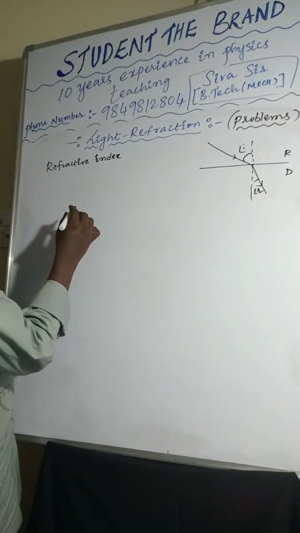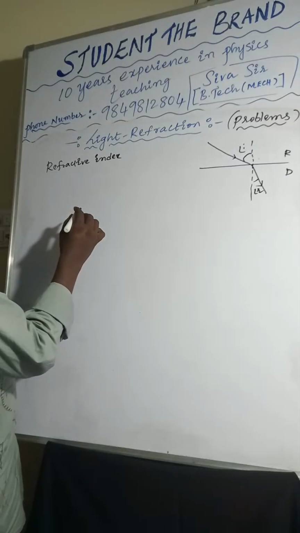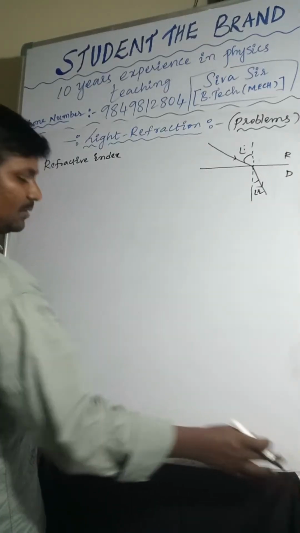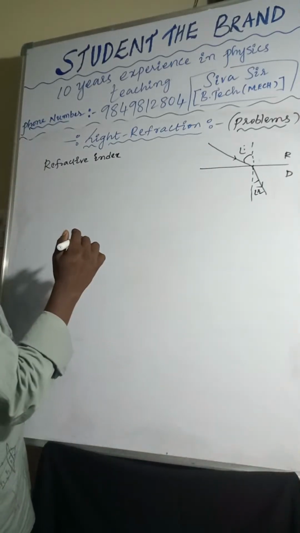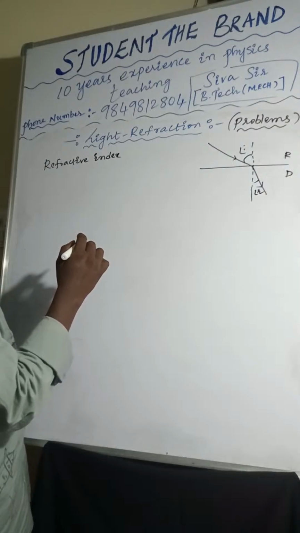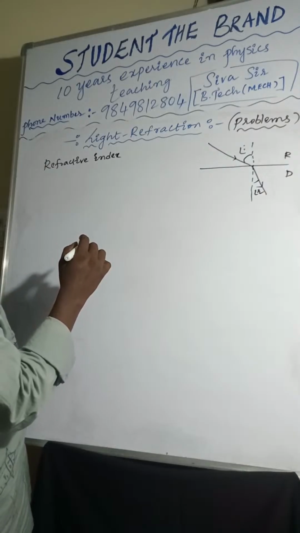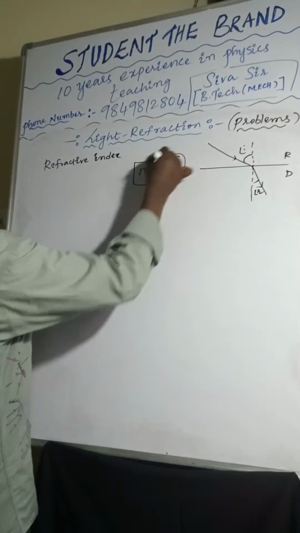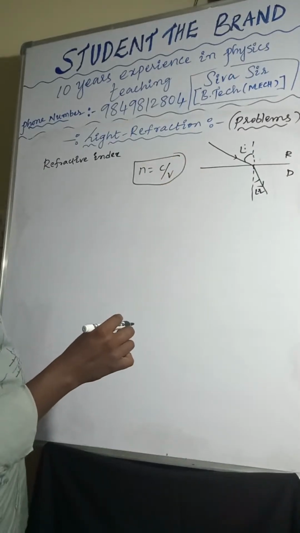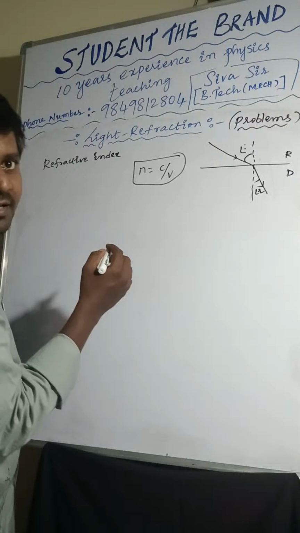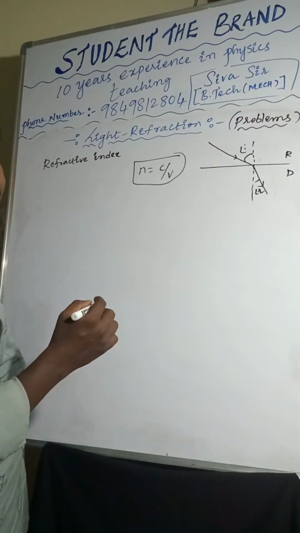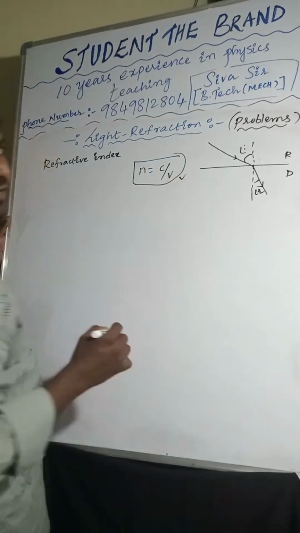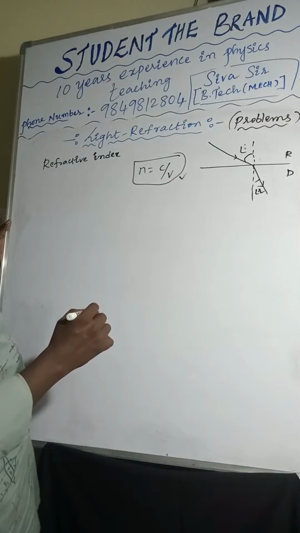Refractive index is equal to the speed of light in vacuum divided by the speed of light in the medium. That is nothing but c by v. This is the refractive index we are discussing.